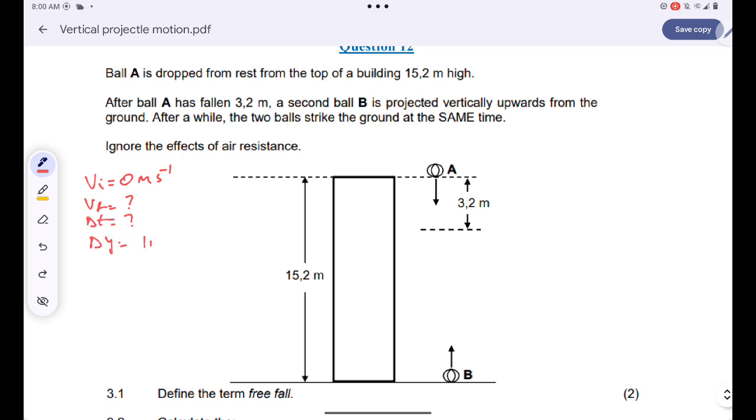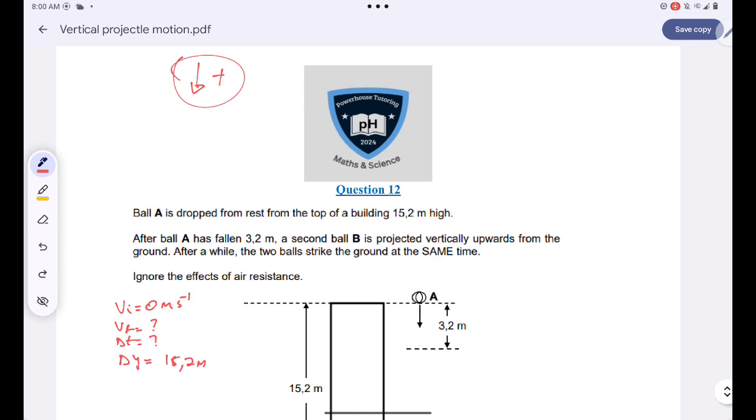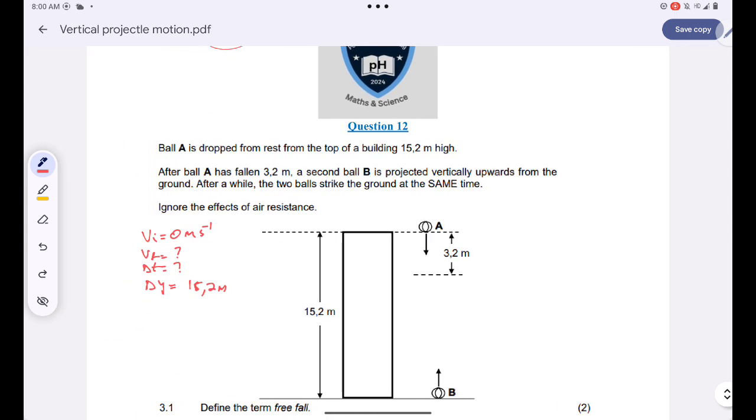Displacement is 15.2 meters. But remember, guys, displacement is a vector quantity, so I need to assign it direction. Let me declare downwards as positive. I've been taking up as positive for a while, but now downwards is positive. Since it's being displaced downwards, delta y will be positive.